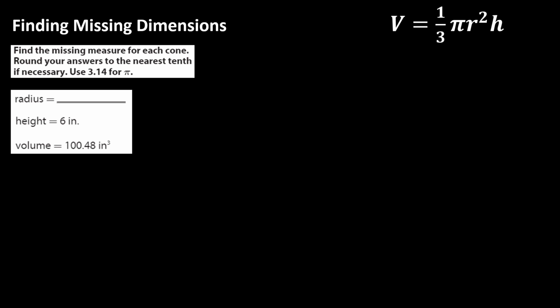So let's try one where we have a missing dimension. We're given the height and the volume of this cone, and we are asked to find the radius. We're asked to find r in our volume formula. So given that our volume formula is 1/3 times pi times radius squared times height, we're not missing the height, we're missing the radius. Pardon me. We're missing the radius.